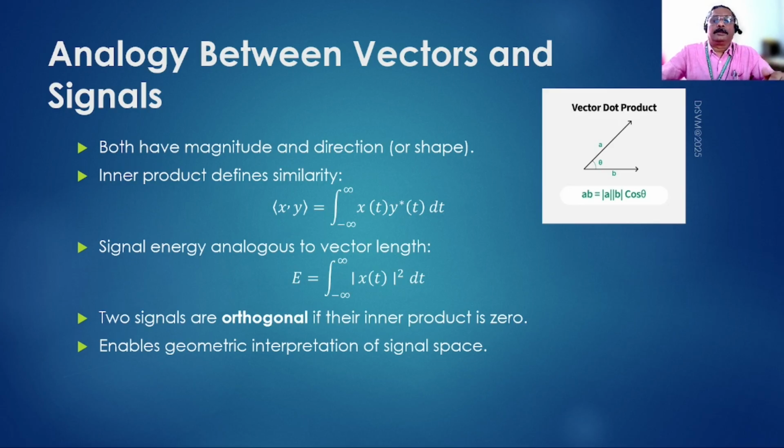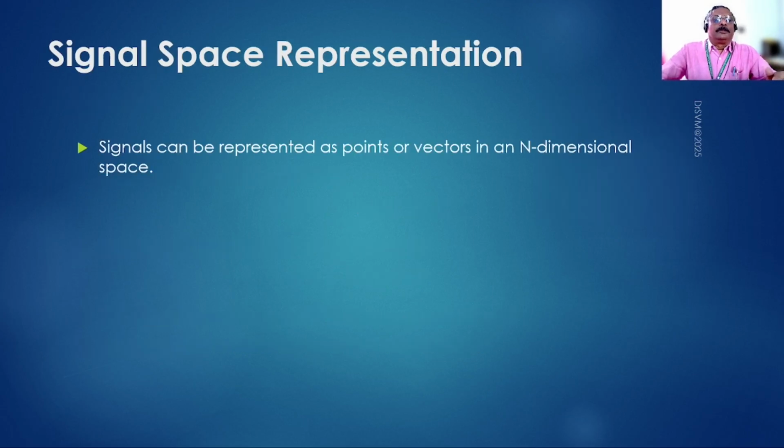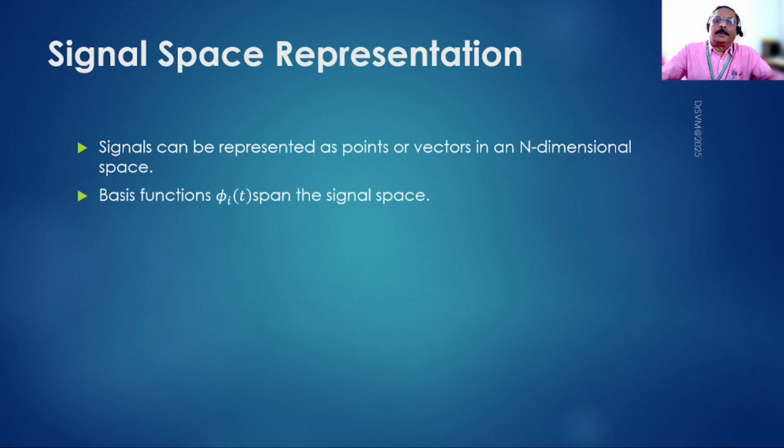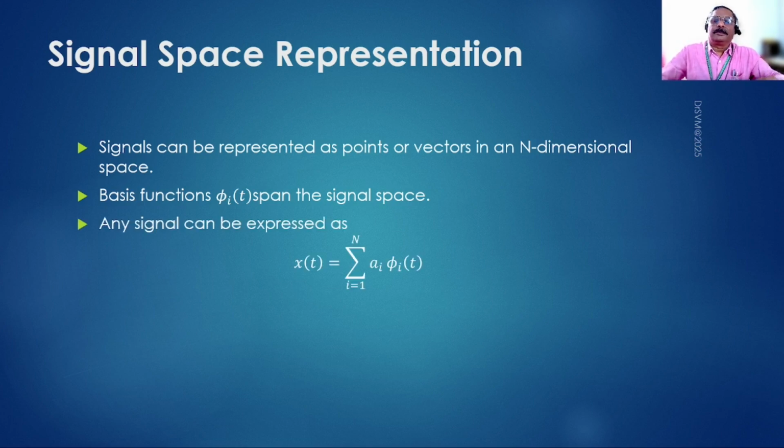This enables a geometric interpretation of signal space, as discussed in the earlier session. Signals can be represented as points or vectors in an n-dimensional space, which is an easier way to represent them. These n dimensions are the n basis functions that span the signal space, and any signal can be represented as the sum of these basis functions with some coefficients, or the projection of the signal over those basis functions.